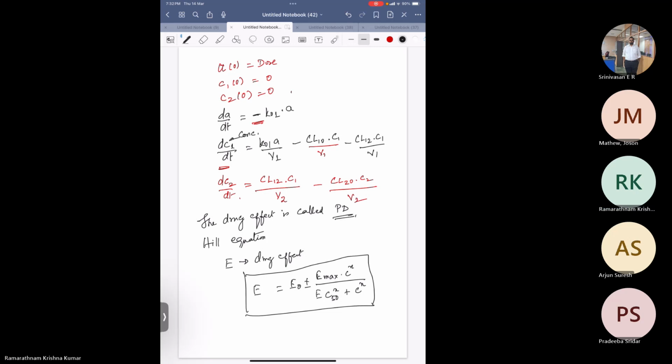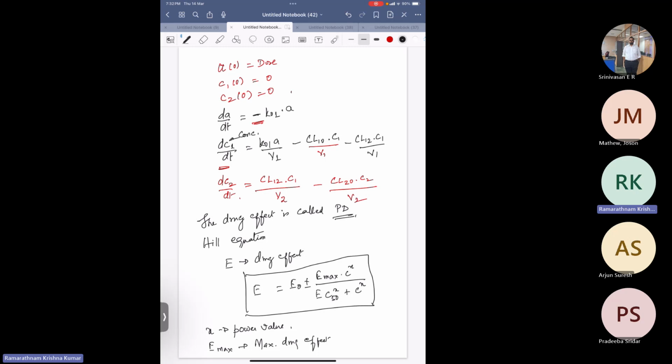X is called the power value. Emax is the maximum drug effect.